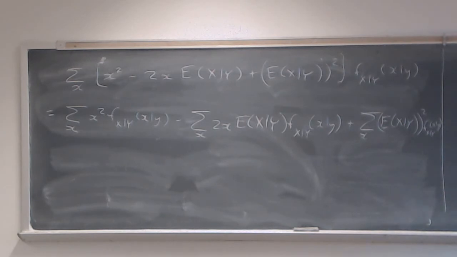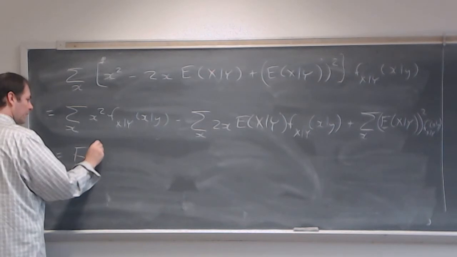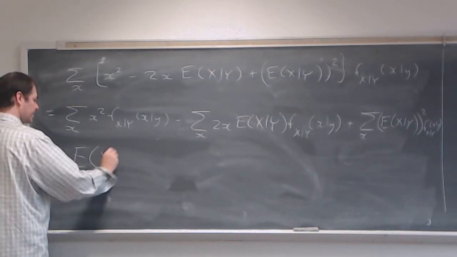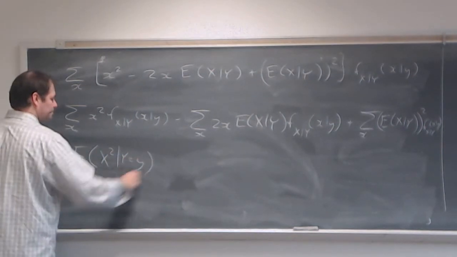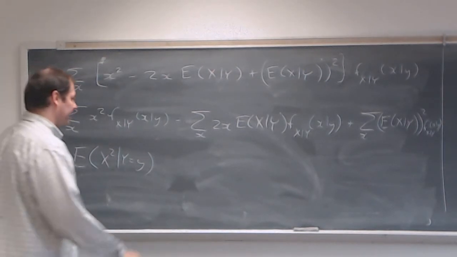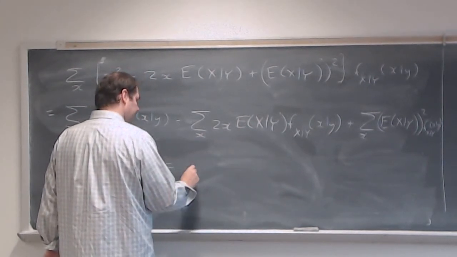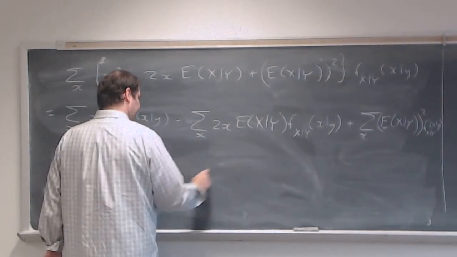Now this quantity right here fits exactly the conditional expectation of x squared given y equals y. So that's part of what we said the answer would be. Here, this is a function of y, so it doesn't depend on x. Remember, that's a random variable with respect to y.